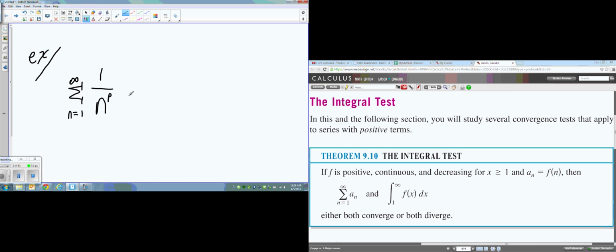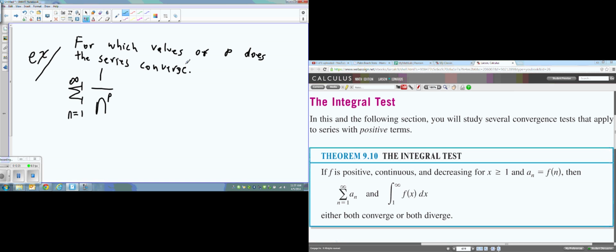All right, now I'm going to try to find for which values of p this converges. So I'm trying to find out which values of p this series converges for, if any.